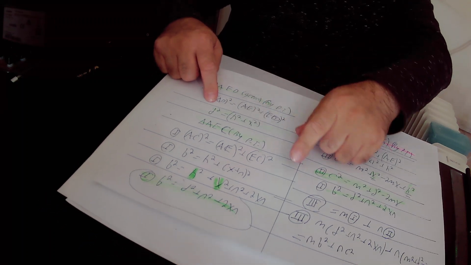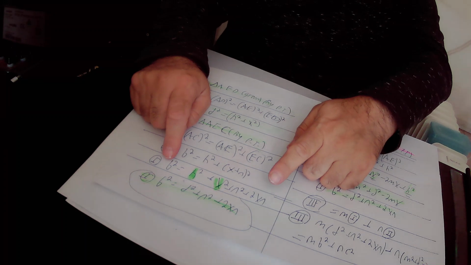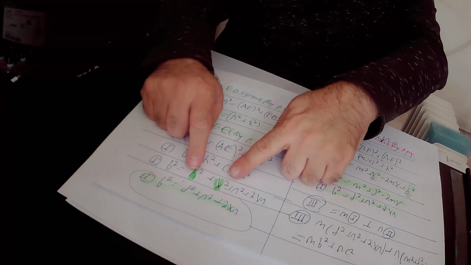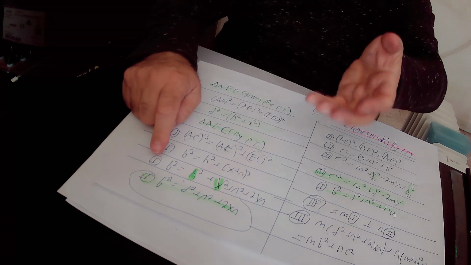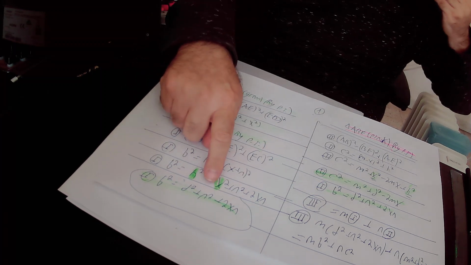So according to equation number 1, b square equals d square plus n square plus 2 times xn.